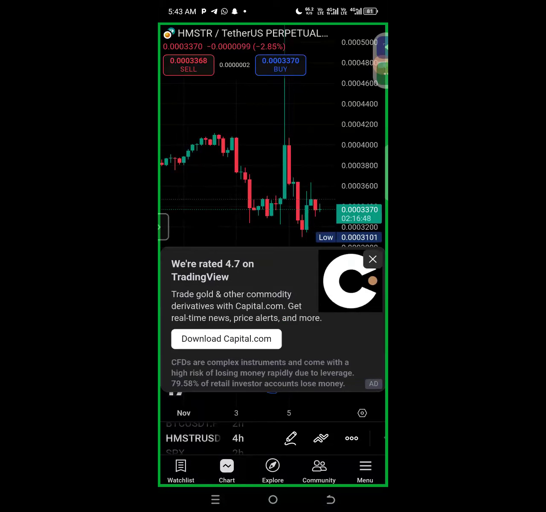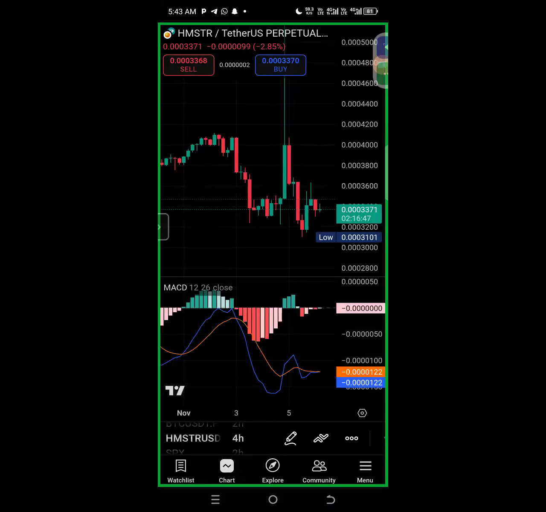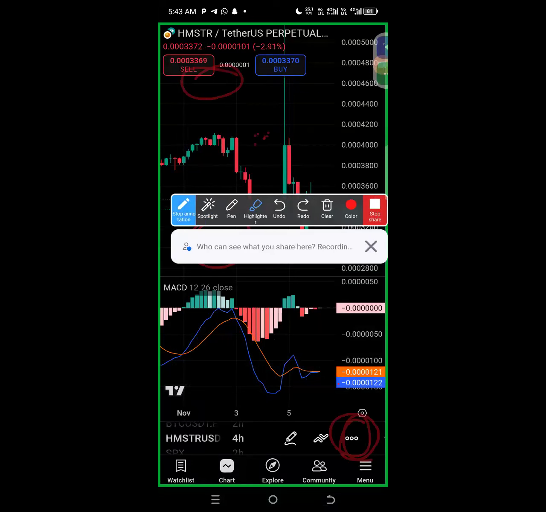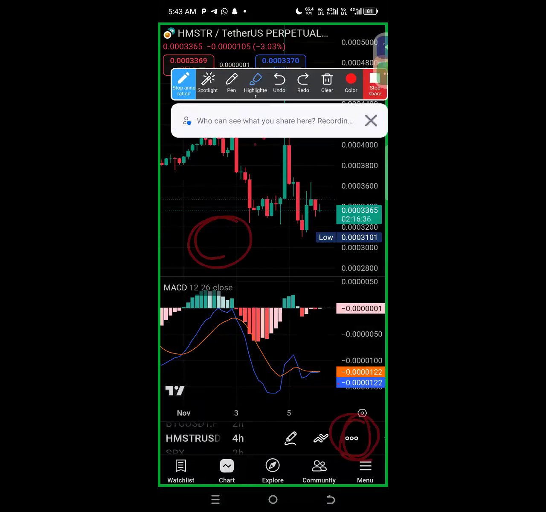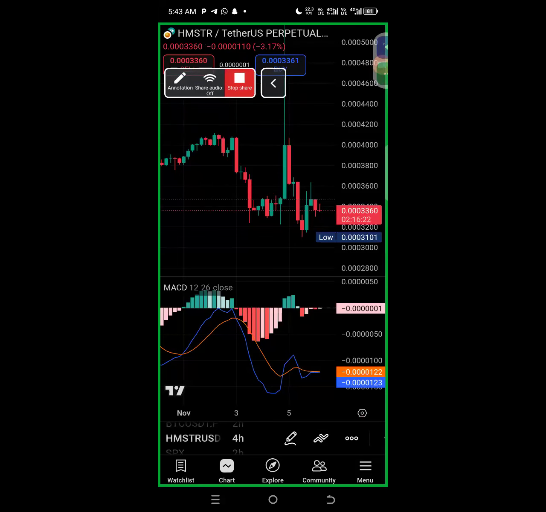Maybe you couldn't tap on the right thing. If you have other indicators, remove them. Mind you, if you are using the free version, you can't use more than one or two indicators. So if you have added other indicators, try removing them and then also get the MACD. If not, it would never appear. All right.